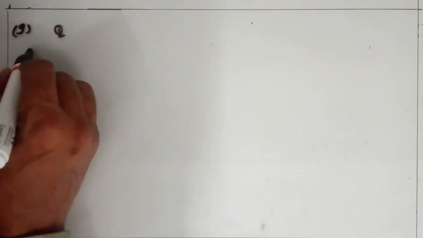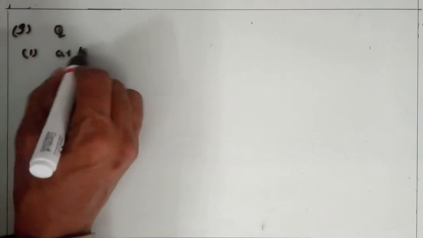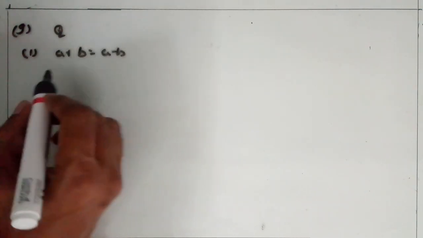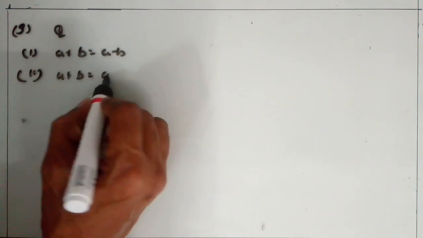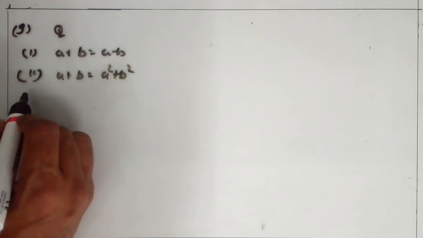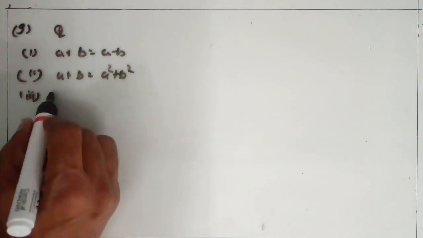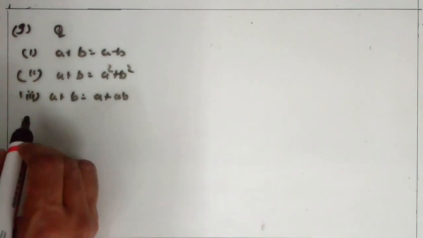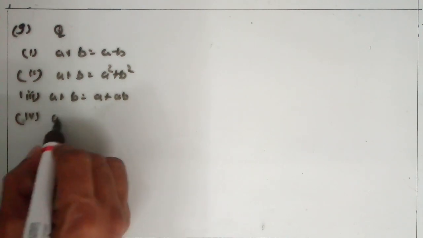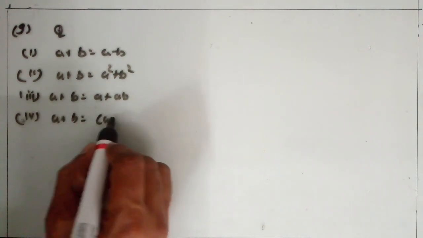Now next, question number 9. Let star be a binary operation on the set Q, the set of rational numbers. Number 1, A star B is equal to A minus B. Number 2, A star B is equal to A square plus B square. Number 3, A star B is equal to A plus AB. Number 4, A star B is equal to A minus B raised to 2.